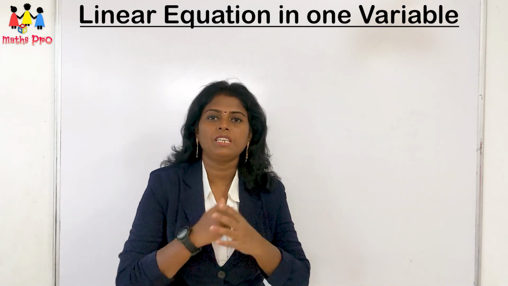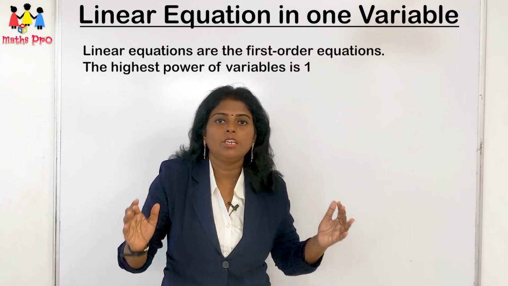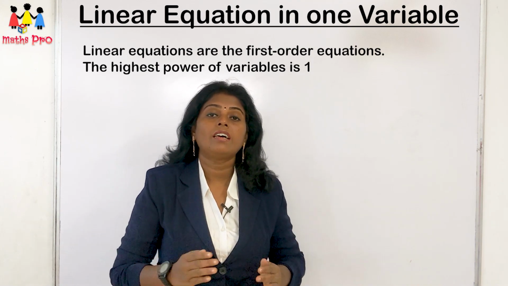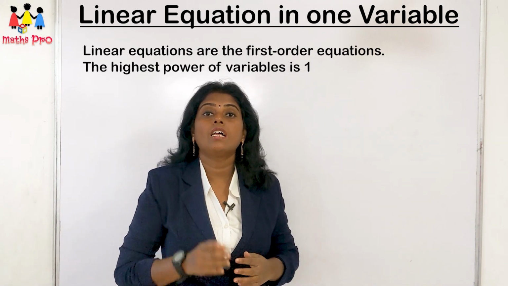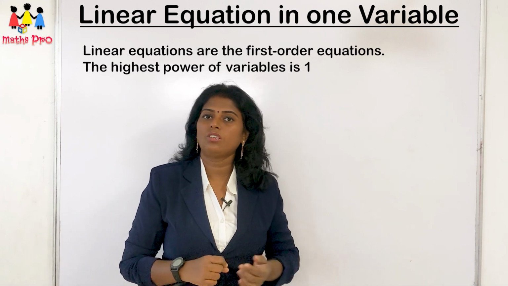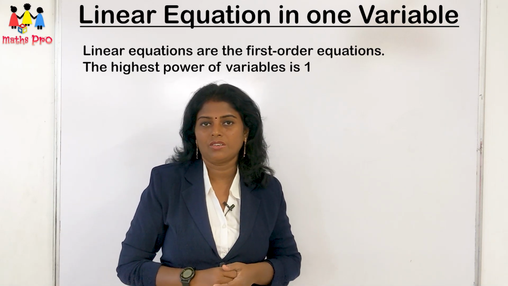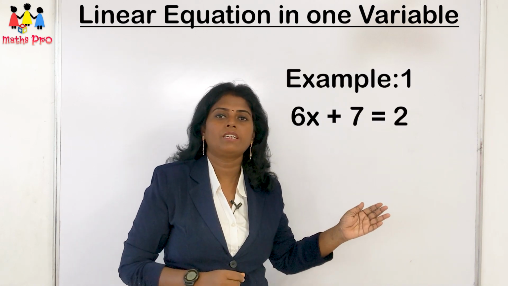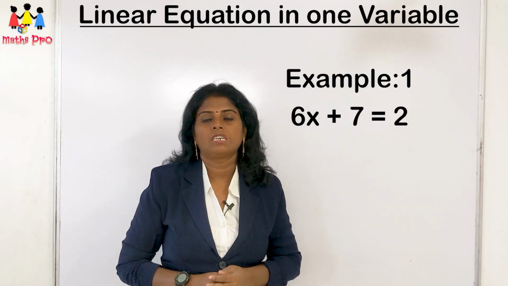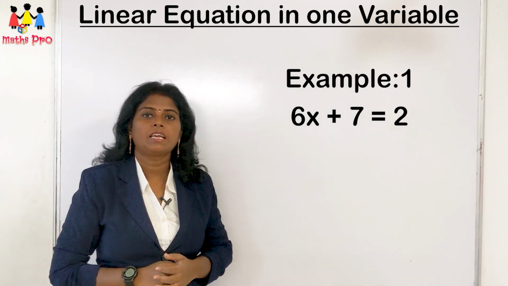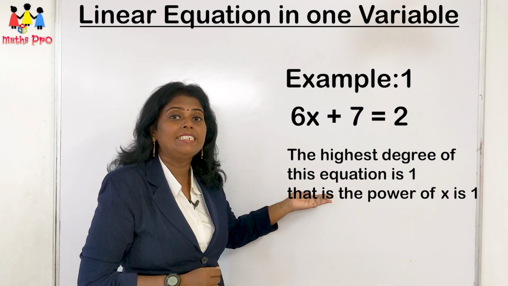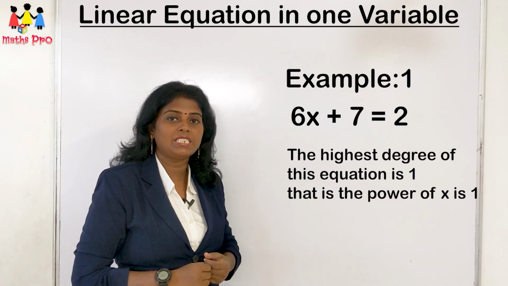What is meant by linear is, if the equation has the highest degree as 1, then it is called a linear equation. For example, 6x plus 7 equal to 2. This is an equation, and the highest degree of this equation is 1.